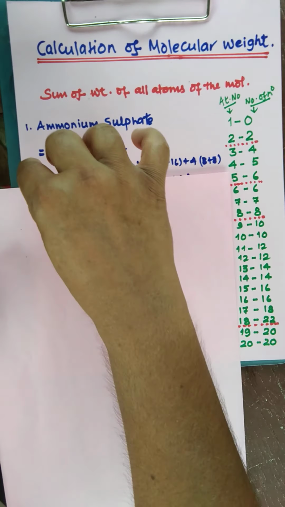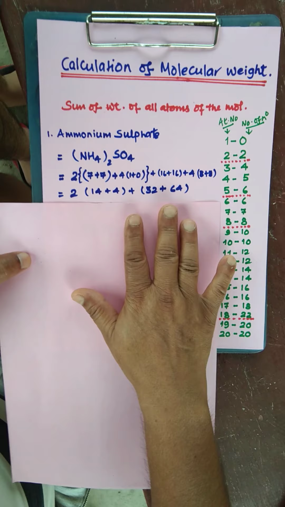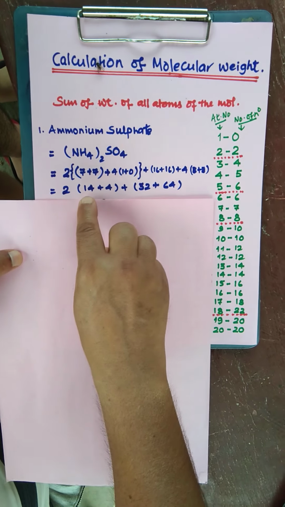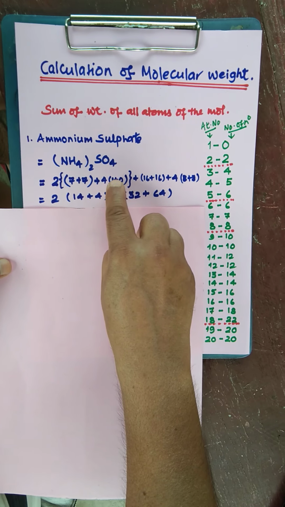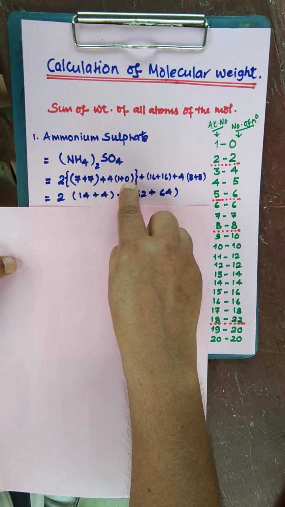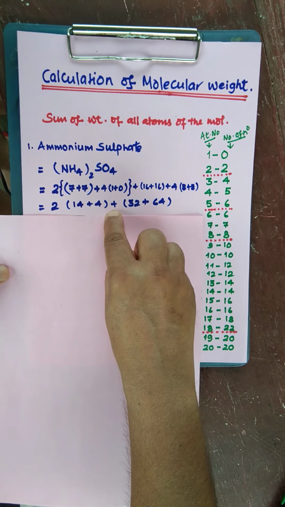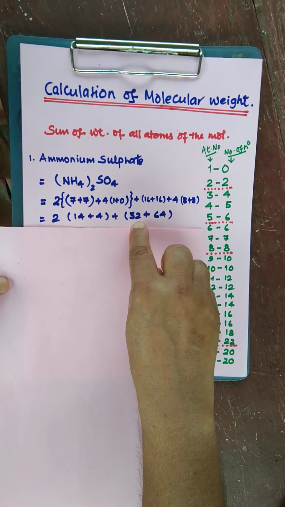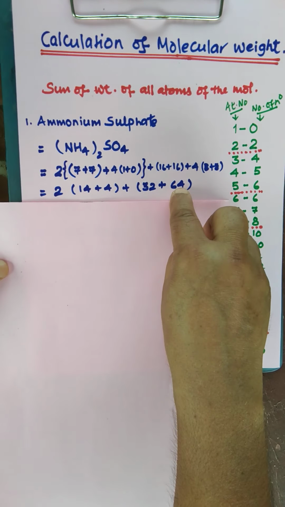Then you need to simplify this. How to simplify? It is a very common method. 2 is there, 7 plus 7 is 14, and 1 plus 0 is 1, and times 4 means it is 4, and this plus is here, and 16 plus 16 is 32, and 8 plus 8 is 16, 16 fours are 64.